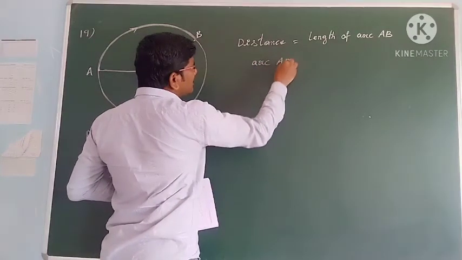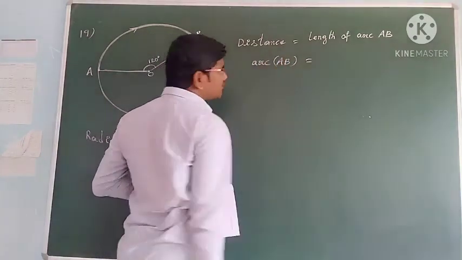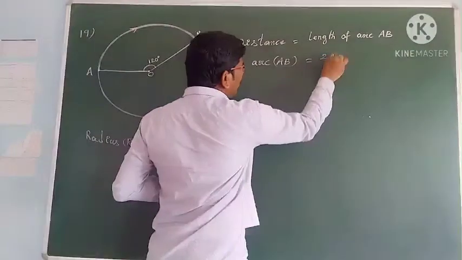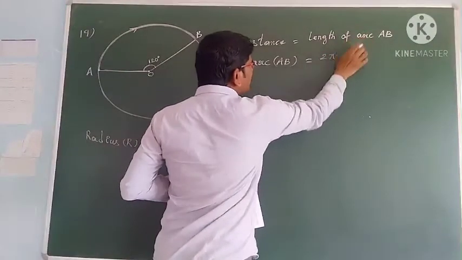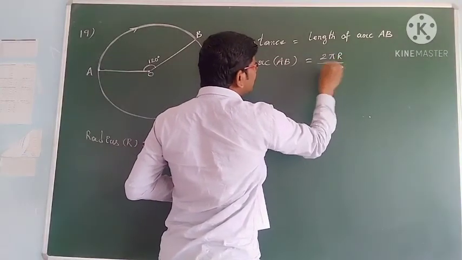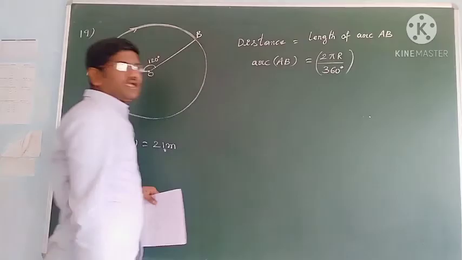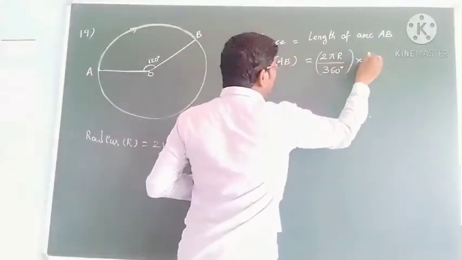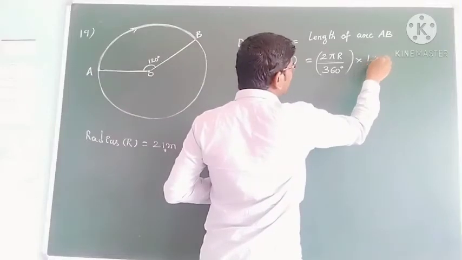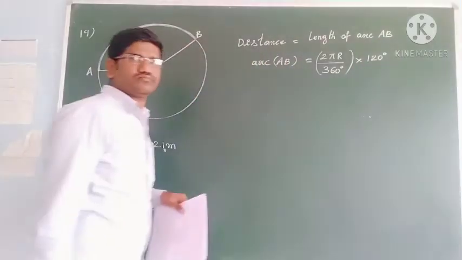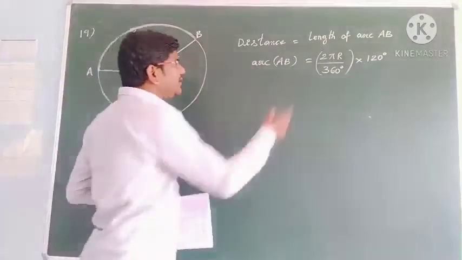So AB is equal to, okay students, we know that 2 pi r is the total arc length for 360 degrees.